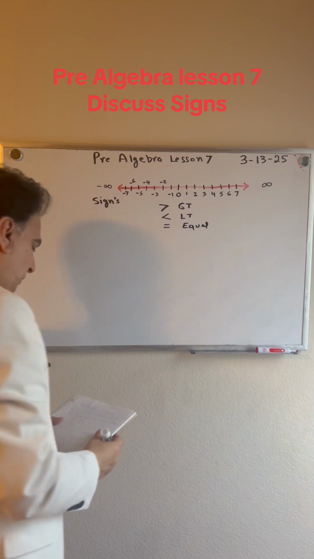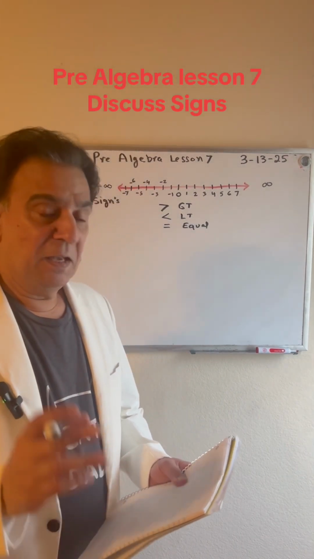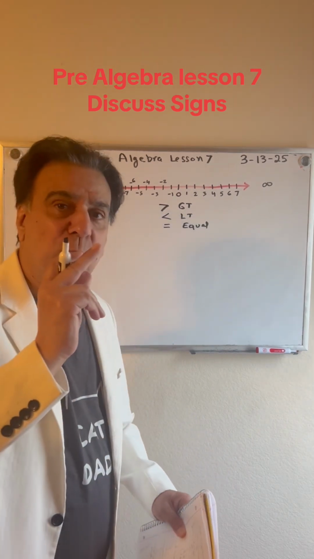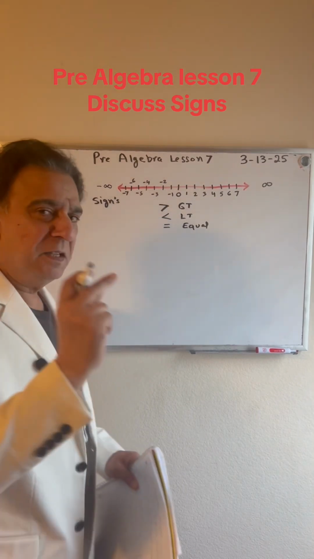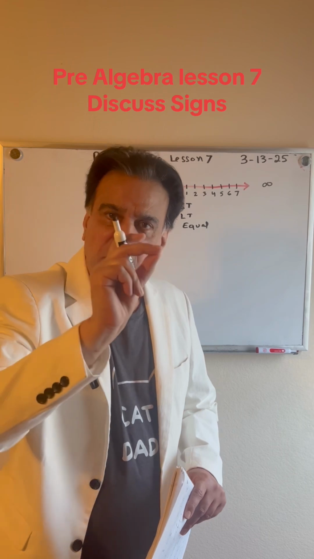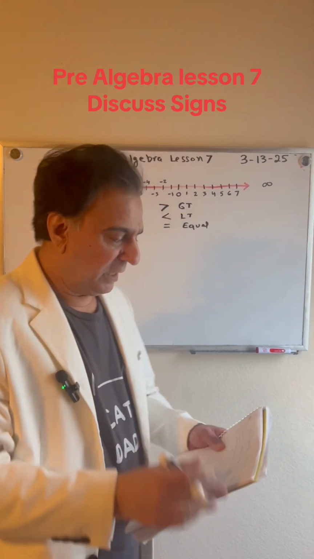Now, let me tell you a trick. Let me tell you a secret. The arrow will always point towards the smaller number. Greater than, less than, always remember that when you have an arrow, it will point towards the smaller number. You have to remember that.